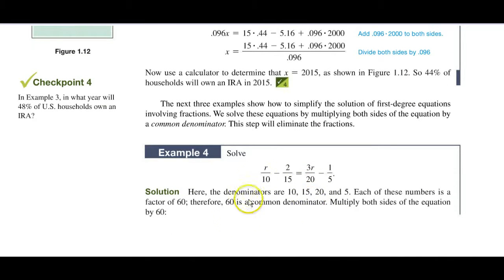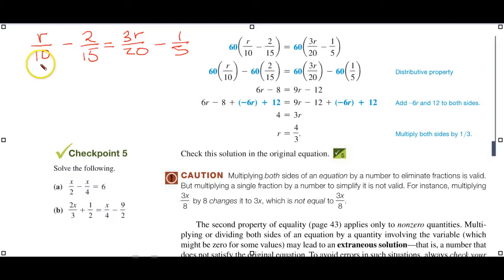I'll spend a little time on this one because this is a very, very useful technique. Now, I've copied the original problem. They're going to solve it in a similar way, but I'll do it here for you. So there is your original example in red, and what we want to do here is to get rid of our fractions.